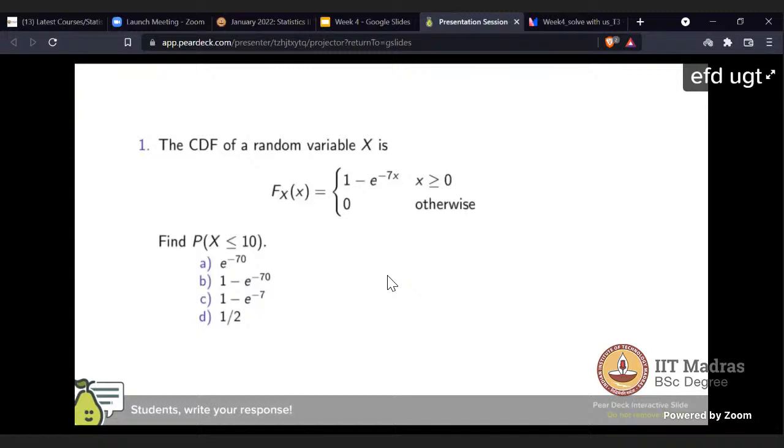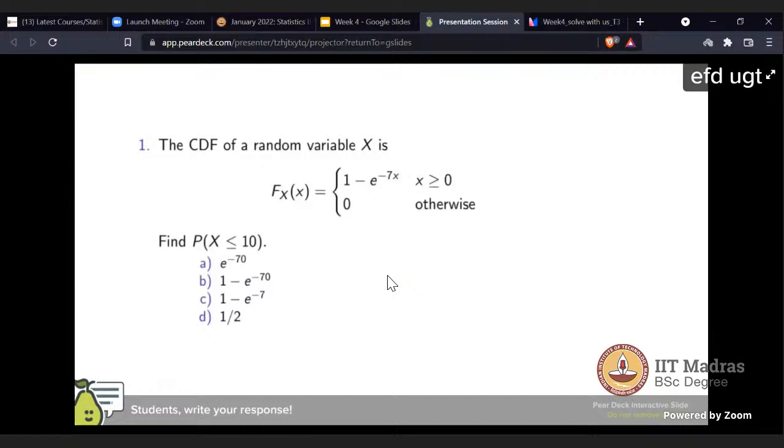Ma'am, we thought of it as probability of x less than or equal to 10, then we write it as 1 minus probability of x greater than or equal to 10.